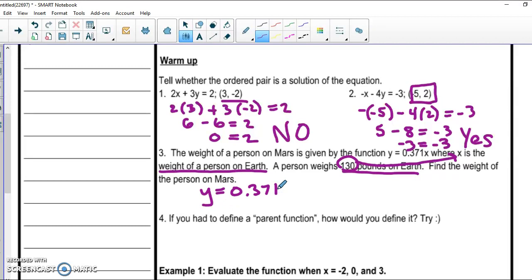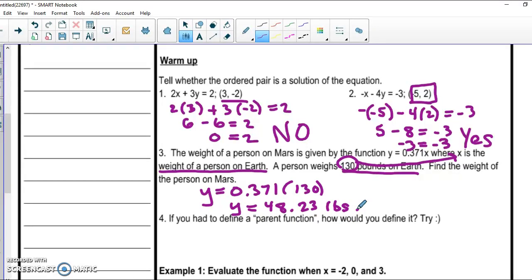So my equation, y equals 0.371x, I'm substituting in 130 for x. Now to solve, I simply multiply, and I get 48.23 pounds. That would be the weight of the person on Mars if they weigh 130 on Earth.